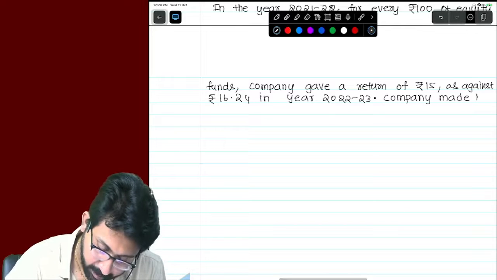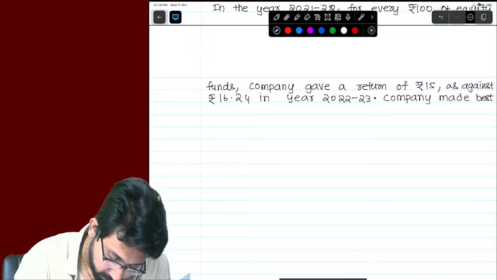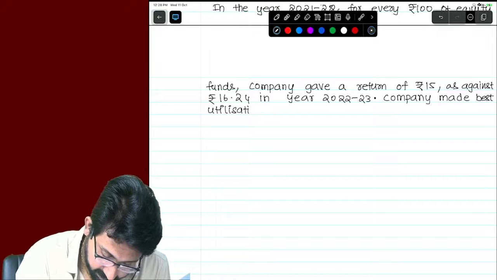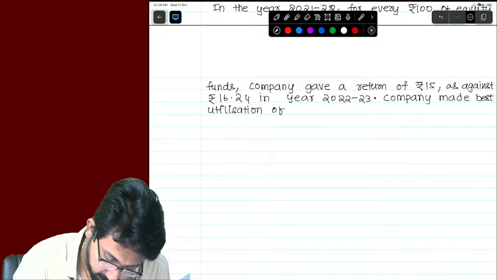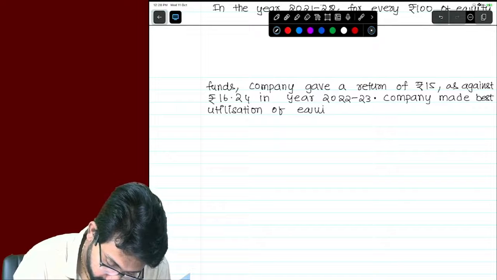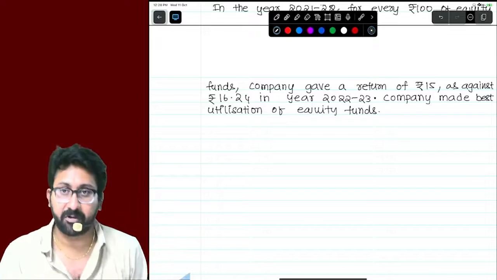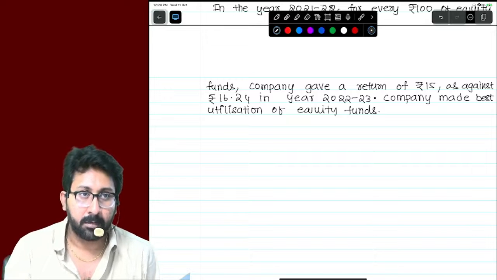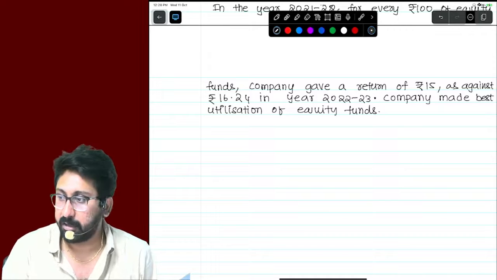The company made the best utilization of equity funds.